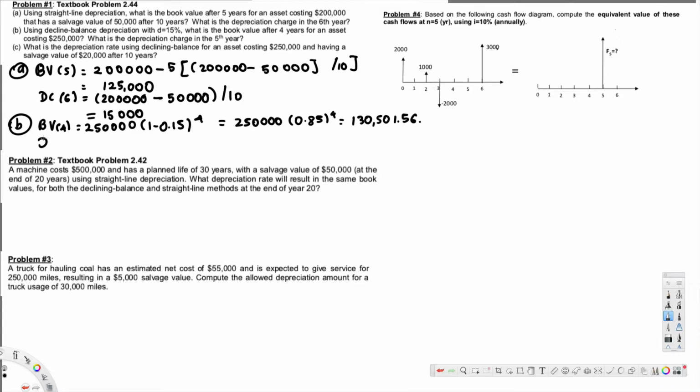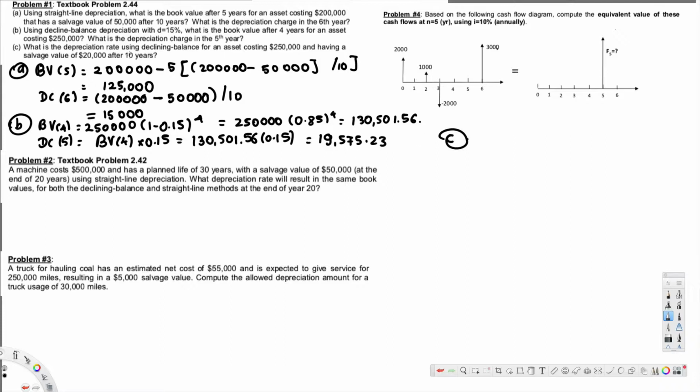Then the depreciation charge is BV4 times 0.15, that is 130,501.56 times 0.15, and that's equivalent to 19,575.23.